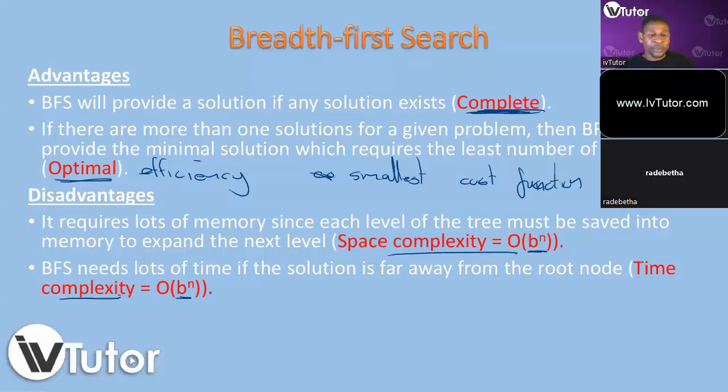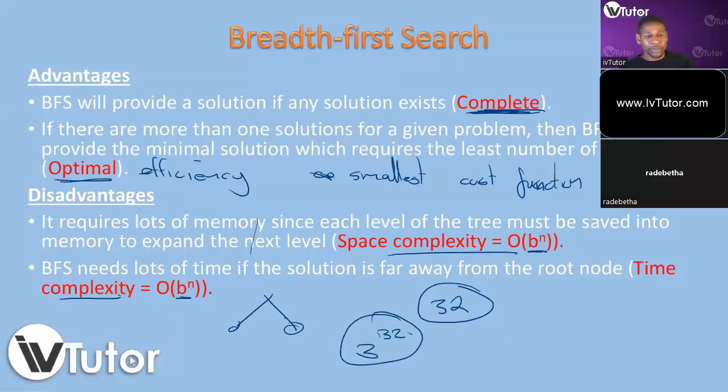So if you have got a 32 level search space, say you have a branching factor. Branching factor is defined by the average number of branches. Let's say you have got 3 to the power of 32. This would then be your search space or your space complexity. Same as the time complexity.